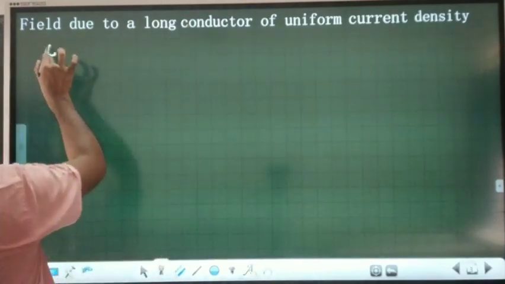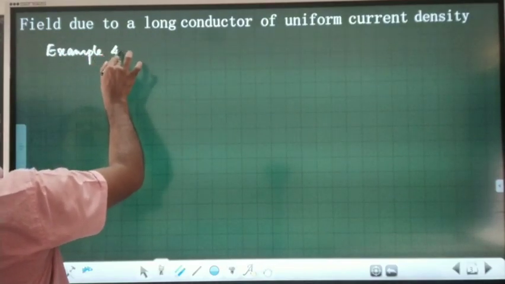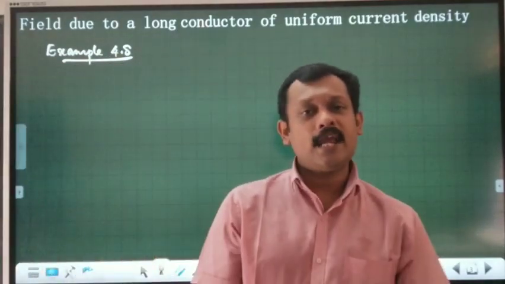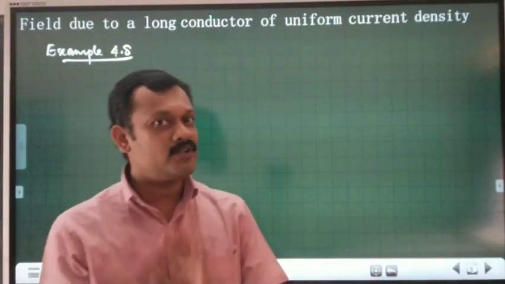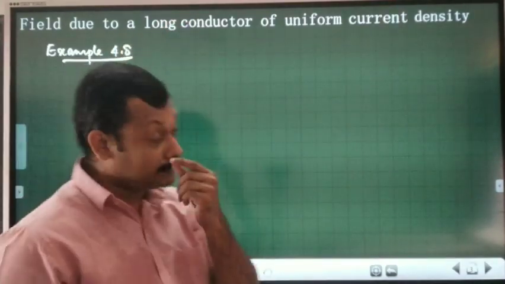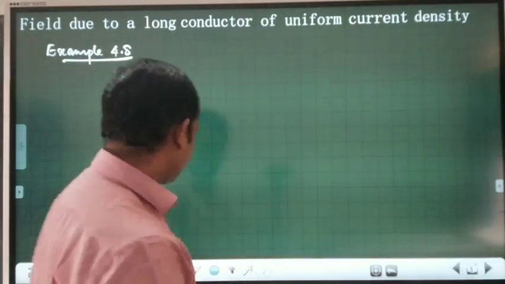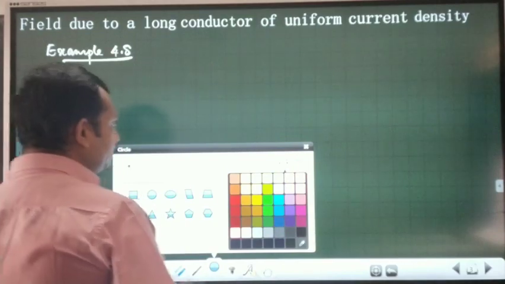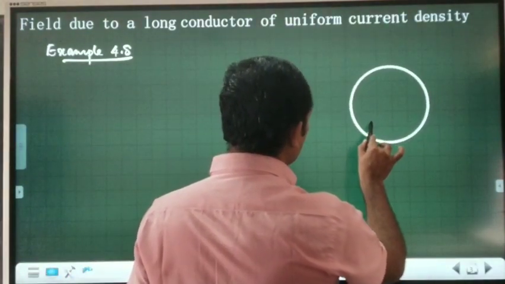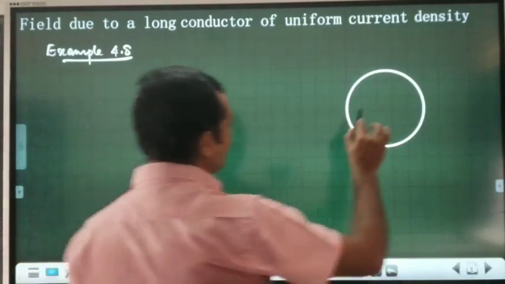This is nothing but Example 4.8 of the NCERT book, which I am discussing here. Now we will discuss this question as such. Let me consider this as a conductor whose radius of cross section is a.